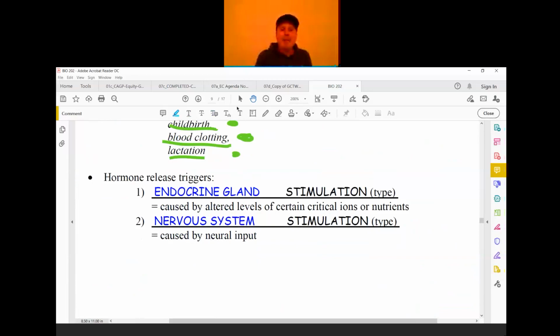One last thing that I want to mention about the endocrine system is that it doesn't work separately from the nervous system. These often interact. So hormones can trigger some sort of a nervous system response, some sort of an action potential, for example.